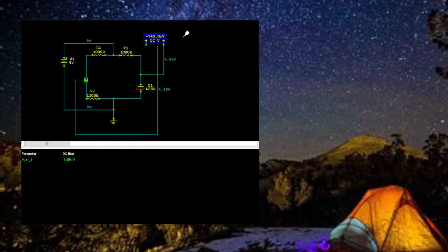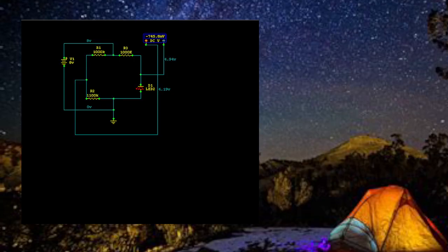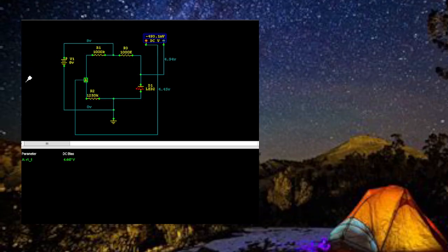Very, very interesting. Okay, let's see here. See, this is where I wish I could have a dial. Yep, that millivolts between the two of them is going down.